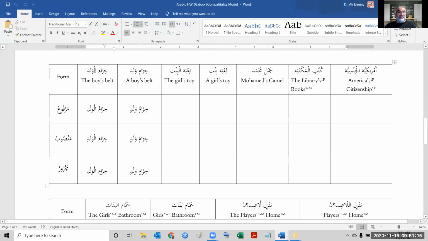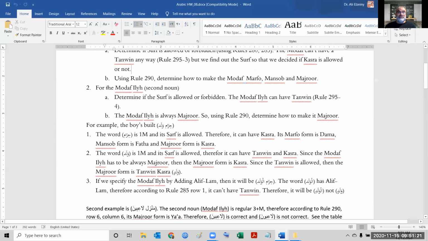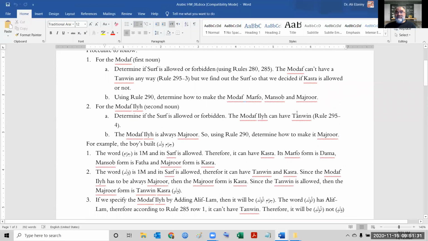This must be majroor all the time, according to these rules. So for the second noun, determine if sarf is allowed or forbidden. The second noun can have tanween and can have alif lam, but it's always majroor.